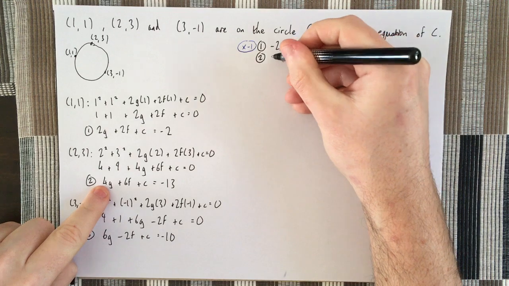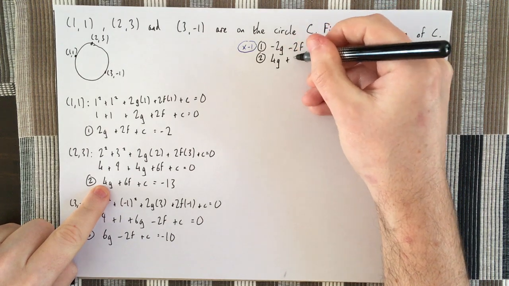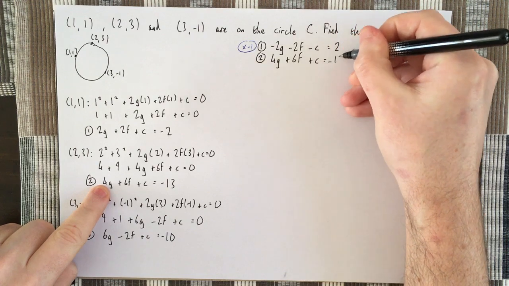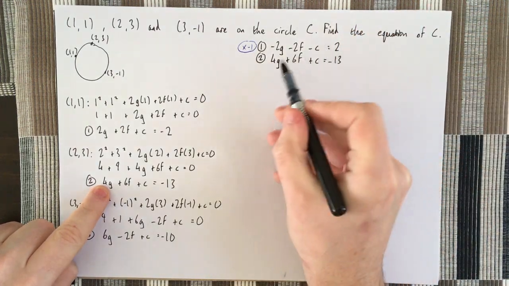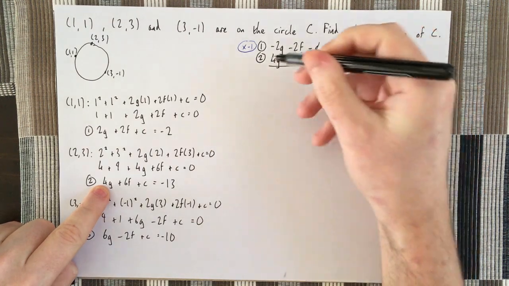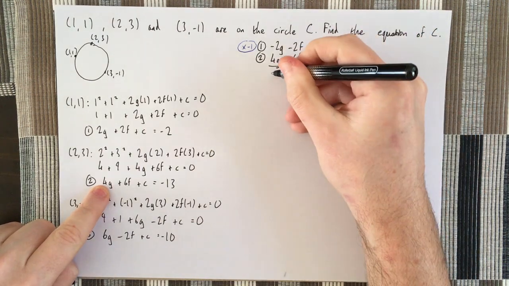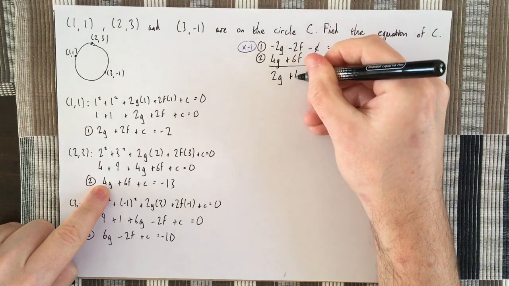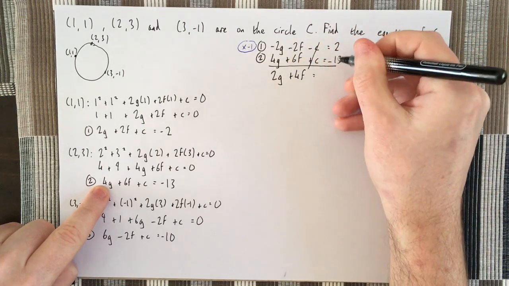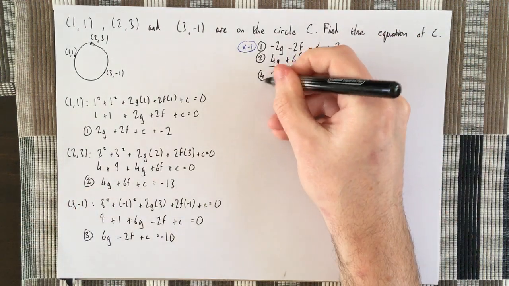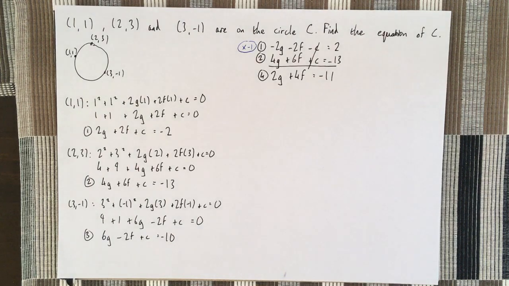My second equation then is 4g plus 6f plus c equals minus 13. Plus c and minus c cancel each other out. 4g minus 2g is 2g. 6f minus 2f is 4f. 2 minus 13 is minus 11. And there's equation 4. Numbering the equations like this is going to make them easier to correct.